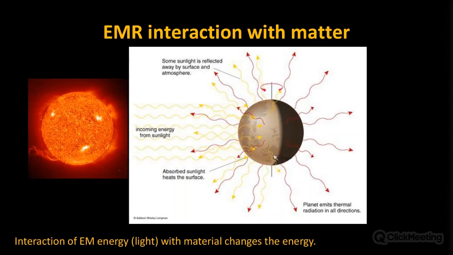Mainly right now we are focusing on airless bodies, and some part of this is reflected from the surface, and if there is a thin atmosphere, some part is absorbed and heats the surface, which is then emitted in longer wavelengths and in all directions.